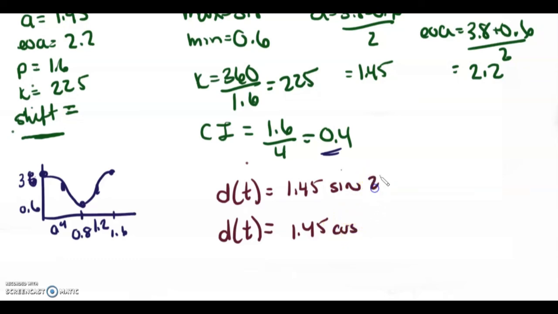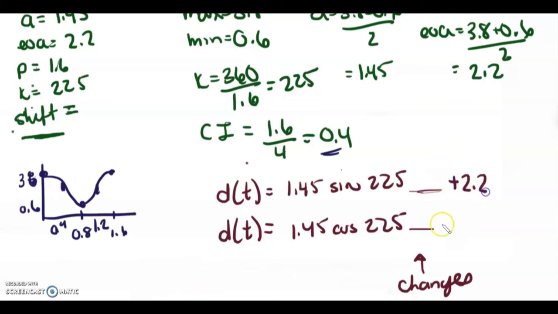The k value doesn't change. I'm going to leave a little bit of room for the shift, because that is the only thing that changes. Remember, the sine and the cosine functions are identical except for their shift. They're shifted one critical interval from one another. And then the equation of axis is 2.2.